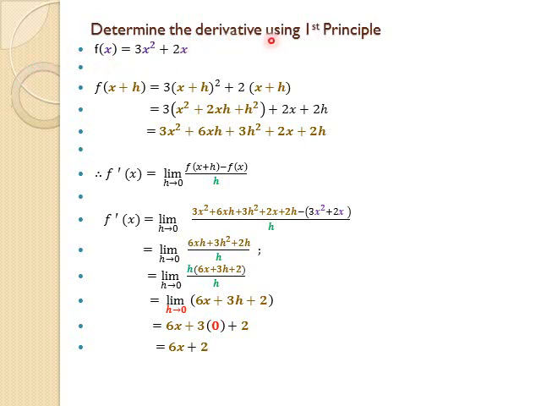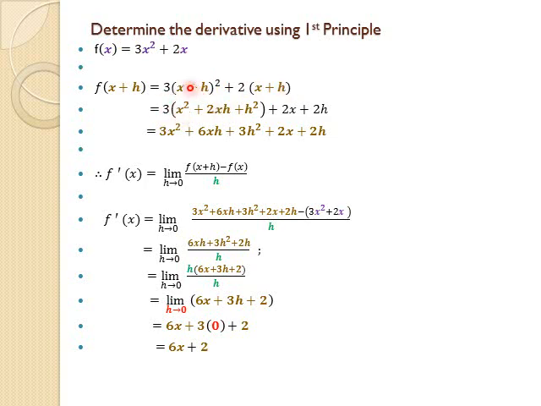Determine the derivative again using first principle. So f(x) equals 3x squared plus 2x. So in place of x, I'm first always going to find f(x plus h). Wherever I see x, I'm going to put (x plus h) squared because it said x squared, and there x plus h. This there is x times x is x squared.